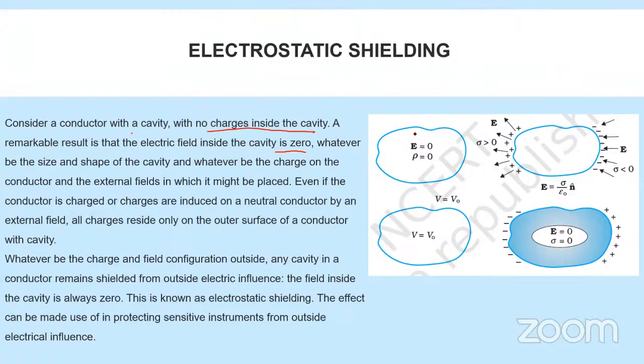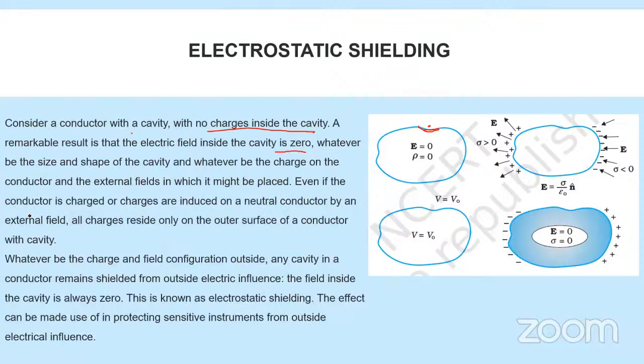Suppose this is your conductor and this is your cavity. We have found that the electric field in these kinds of cavities is zero, no matter the size and shape of the cavity, and whatever charge is on the conductor and the external field in which it might be placed.